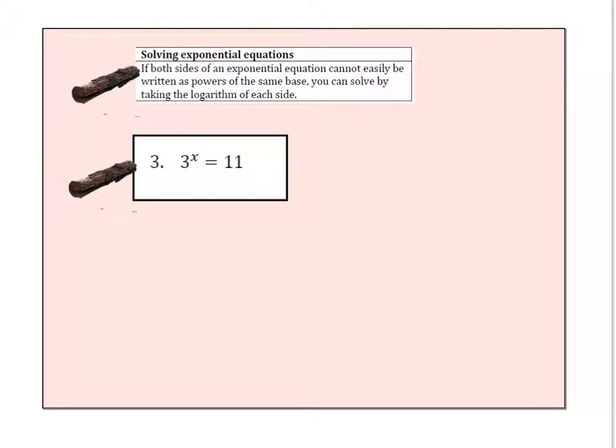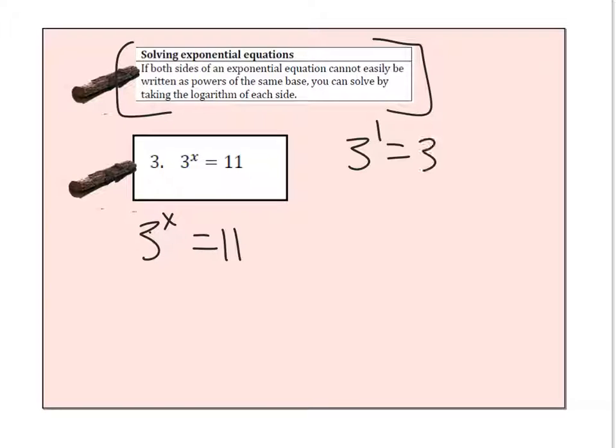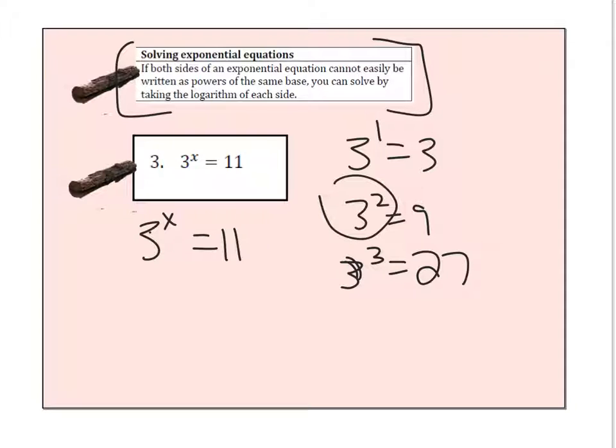So you want to take a logarithm of both sides. 3 to the x is going to be equal to 11. Like I said before, 3 to the first is 3, 3 squared is 9, 3 to the third is 27. So we're nowhere near 11. 11 is close to 3 squared, but we're nowhere near that.